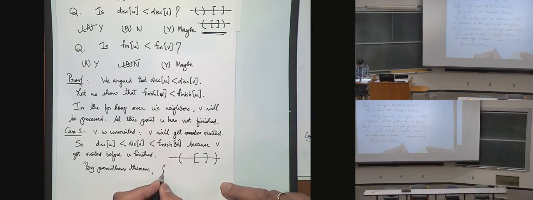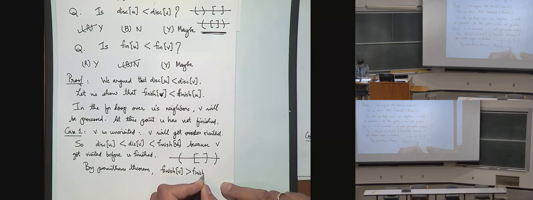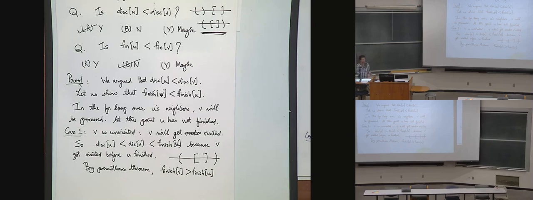That is that the finish of V is before the finish of U. Right? So if it's unvisited, it's going to visit at that point, but obviously the visit is while U is running. So by parentheses theorem, we're done.